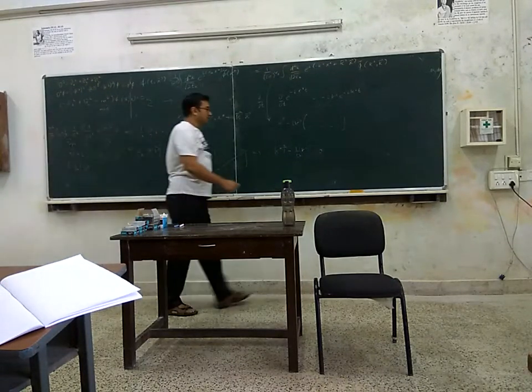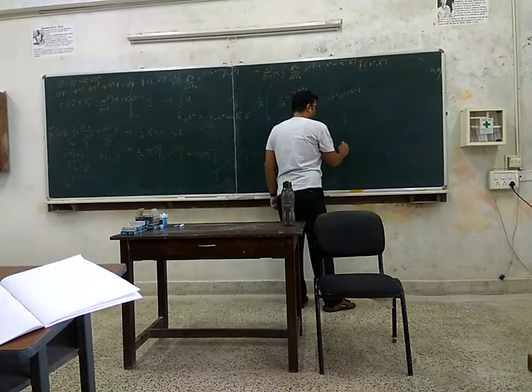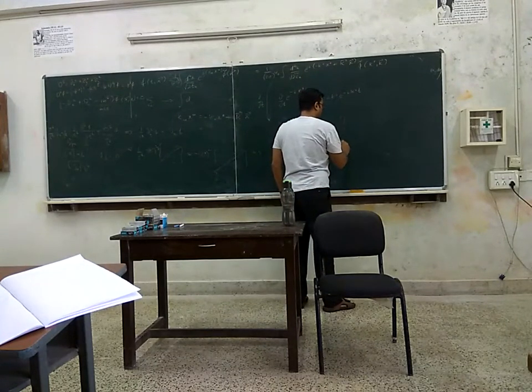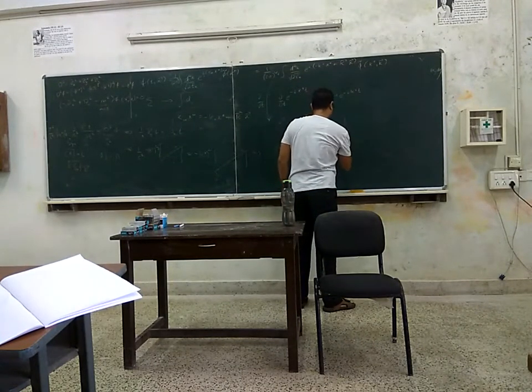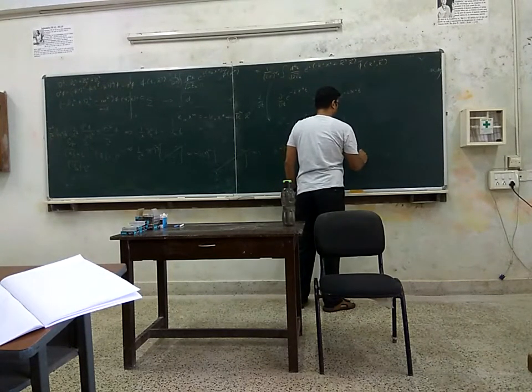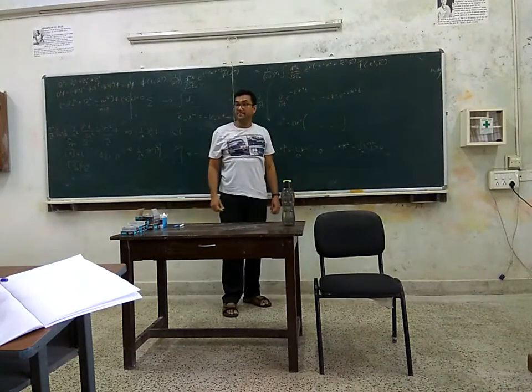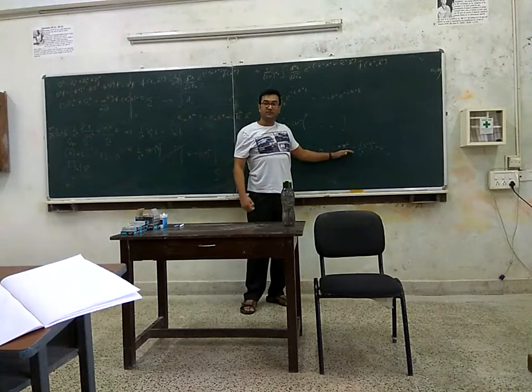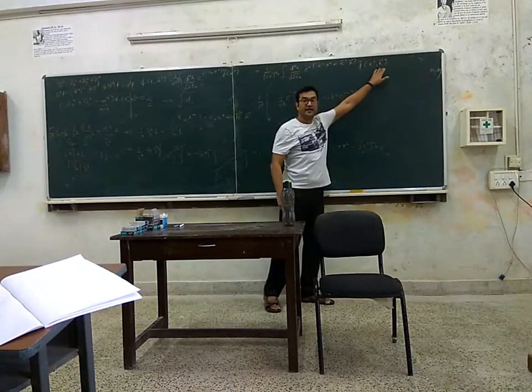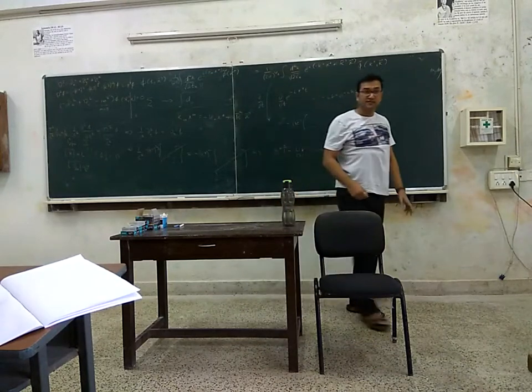So in that case, this expression becomes k squared minus 1 by c squared k naught squared. What is this k? Physically, what does this spatial k represent?